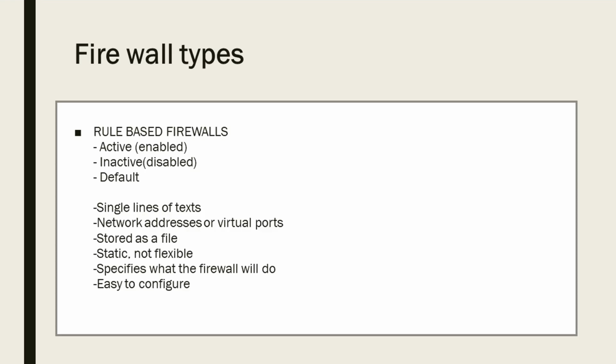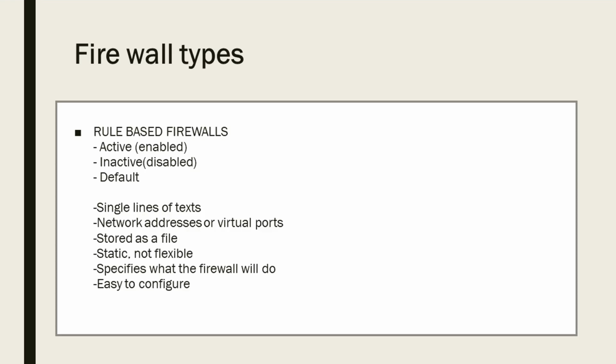These rule-based systems are also static. Most of the time, they cannot do anything they have not been configured initially to do. If a situation comes up that is different from what you have in the rules, rule-based firewalls will not be able to handle it. A line in the configuration file must specify what the firewall will do with each packet passing through the device.